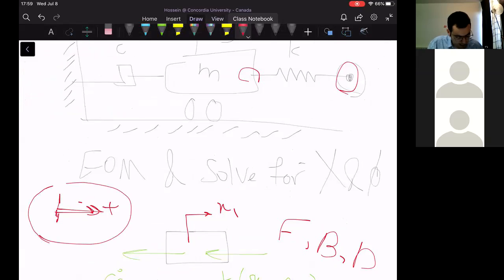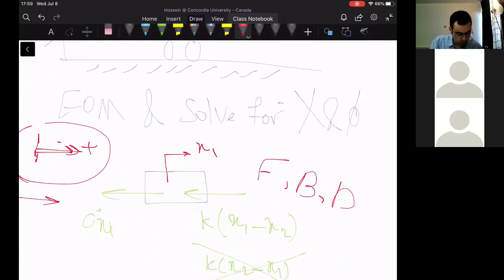Then, in order to plot the free body diagram and derive the equation of motion, just displace the system a little bit in the positive direction we assume. So we consider right as positive, and I move the system to the right.